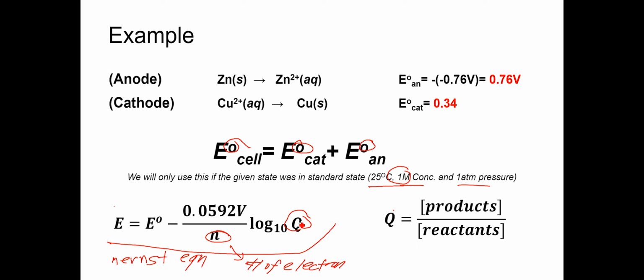And then yung Q is a constant by computing the concentration of the products over reactants at a given state which is not on the standard state. Ibig sabihin, kung yung state na binigay sa atin ay hindi 25, hindi 1 molar, hindi 1 atm, gagamitin natin yung Nernst equation at yung pag-compute nun ng Q ay ito yung formula. Pero kung lahat ay given sa standard state, you don't need to compute for this. You will only need to use this equation here.